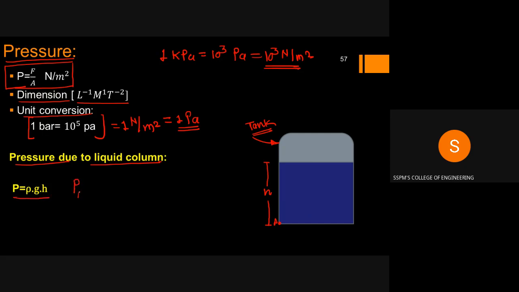Pressure at point A is equal to the density of the liquid times acceleration due to gravity times the height of the liquid above that point. So from point A, measure the total height, and from this equation we can find the total pressure at point A. This pressure in the liquid only changes with respect to the height h. It is not dependent on the area of the tank.